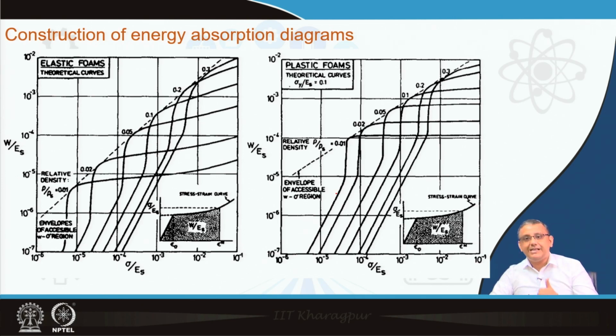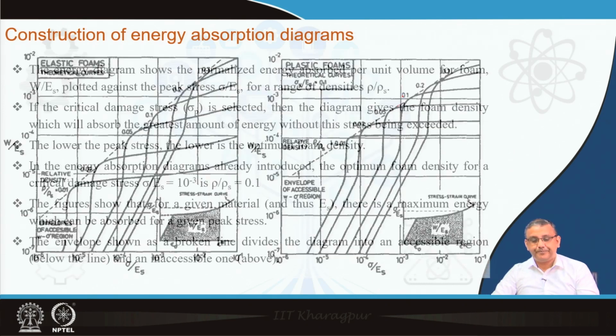Once the peak stress has been identified from the design-specific application, we need to use this energy absorption diagram to find out at which relative density the highest amount of energy will be absorbed, and then the foam should be designed according to that relative density.